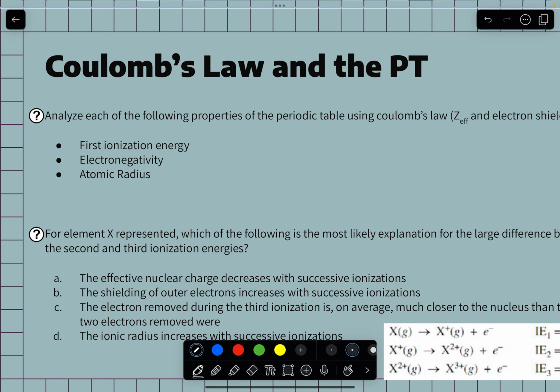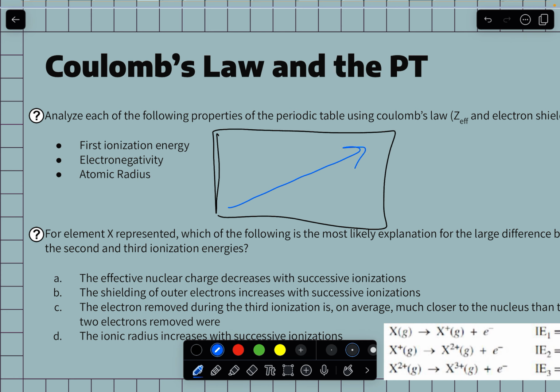For ionization energy, right, ionization energy is the energy to pull off an electron. The ionization energy trend goes toward the top right of the periodic table. Across the period and up a group increases ionization energy.